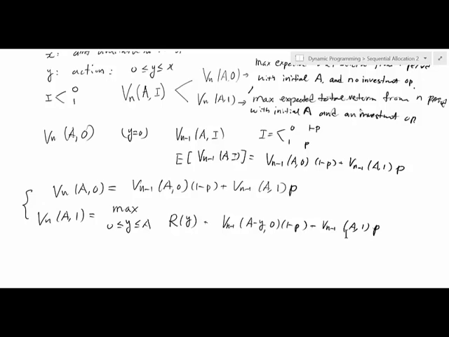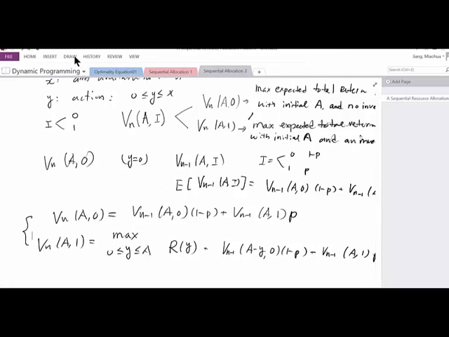There is a typo at the end of the Bellman equation. Let's try to correct it. We're going to erase this part. It should be A minus y.